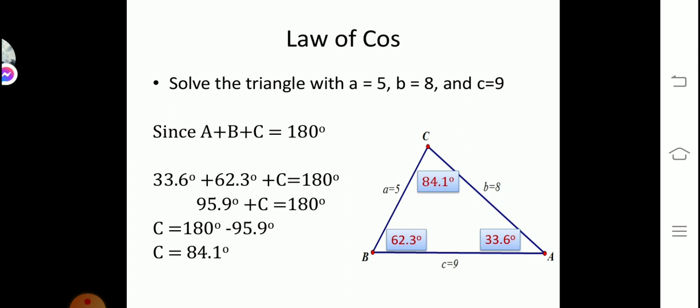So 95.9 degrees plus C equals 180 degrees. So C equals 180 degrees minus 95.9 degrees. So the answer is 84.1 degrees.